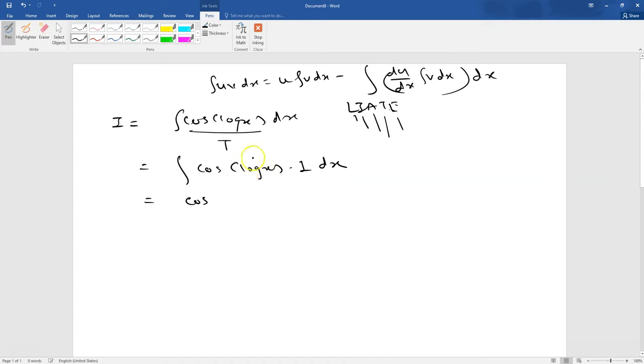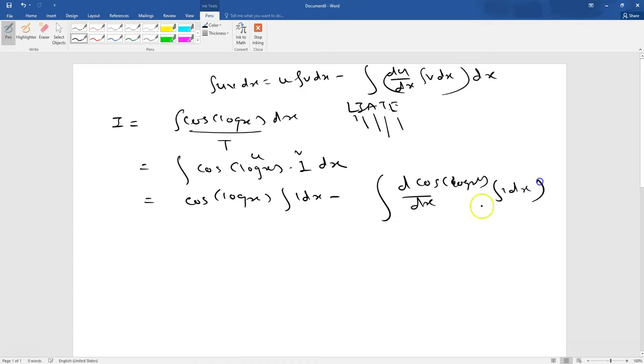Consider this as u and this as v. Cos of log of x times the integration of 1 dx, minus the integration of the derivative of cos of log of x times the integration of 1, dx.